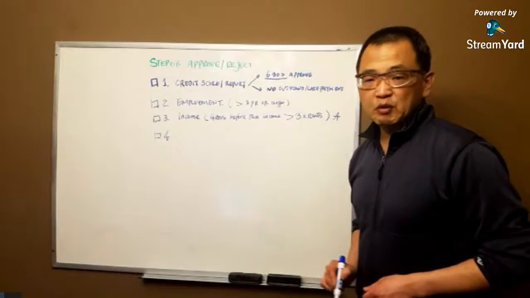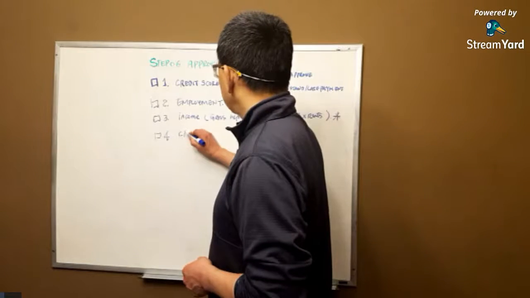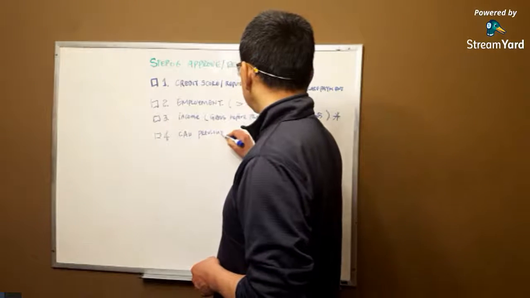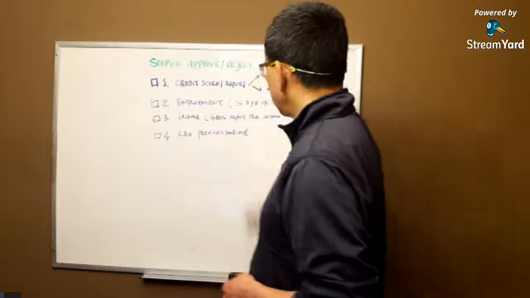Point number 4 is to call the previous landlord, asking for the so-called renting history.